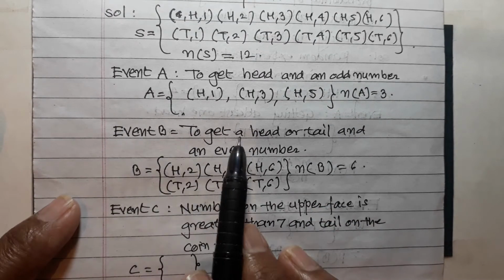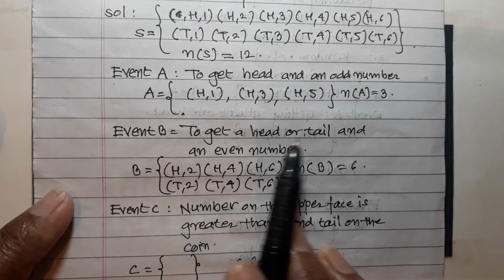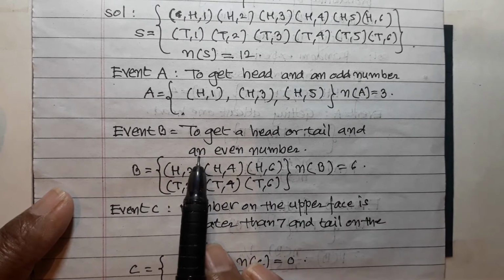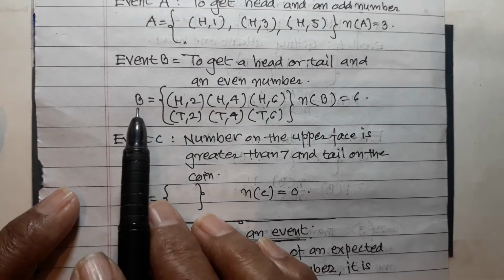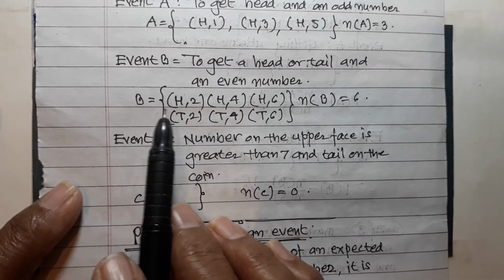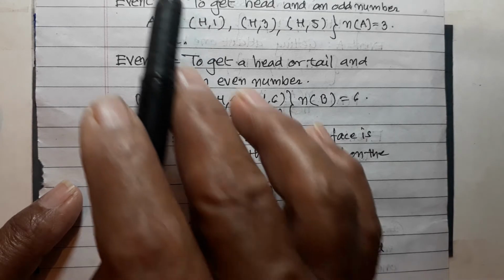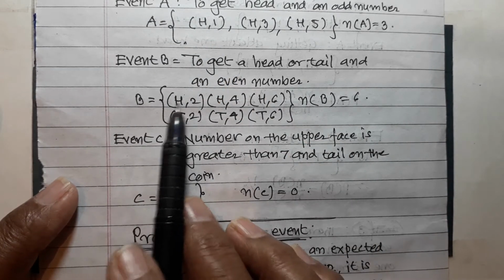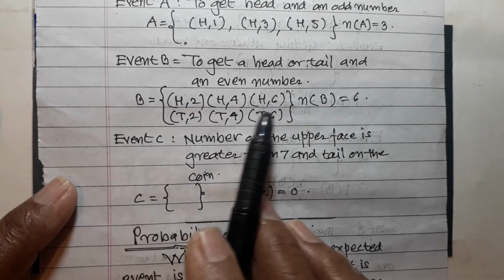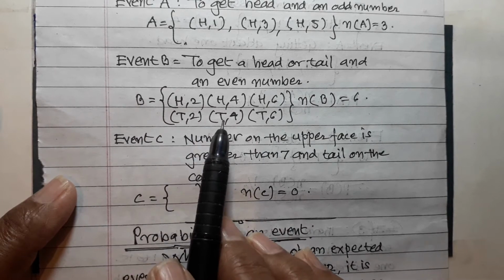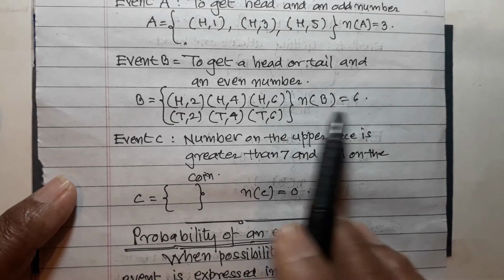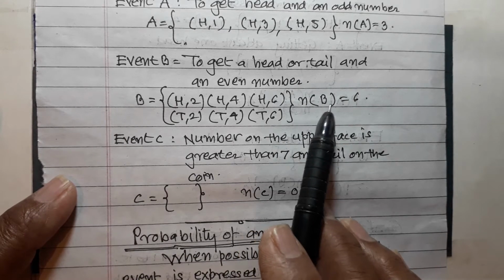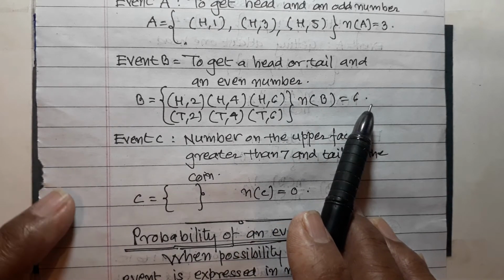Event B: to get a head or tail and an even number. Therefore favorable outcomes from the sample space are H2, H4, H6, T2, T4, T6. In all there are 6 and therefore n(B) is equal to 6.